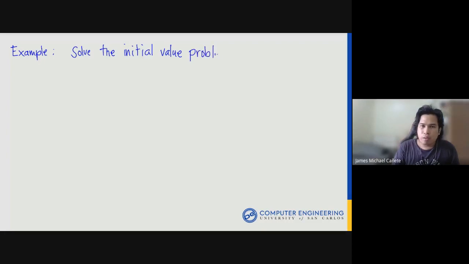Was the term initial value problem introduced to you in calculus?